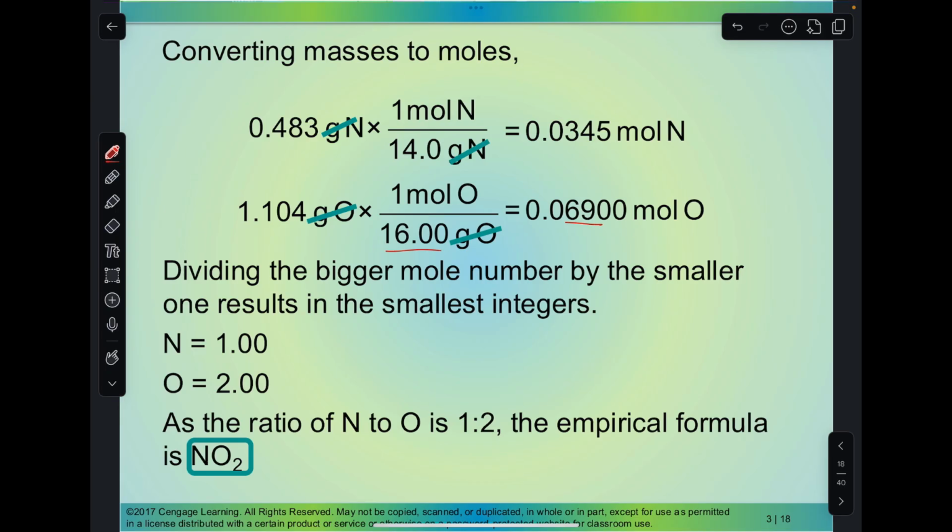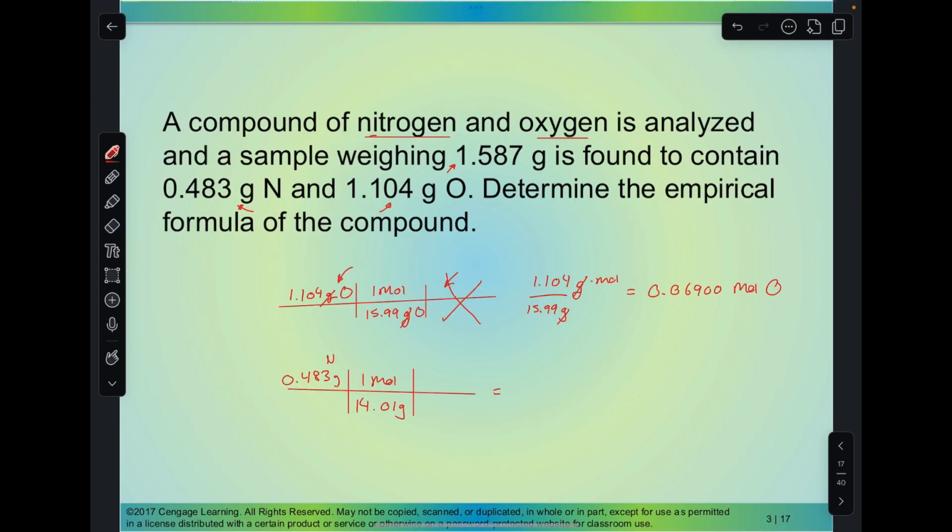And so the number of moles of nitrogen is 0.0345 moles of nitrogen.